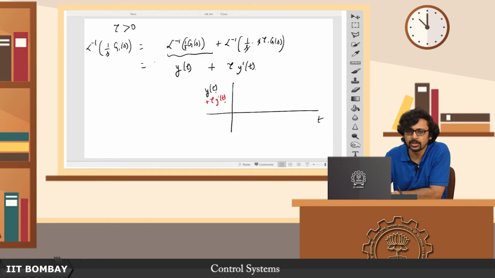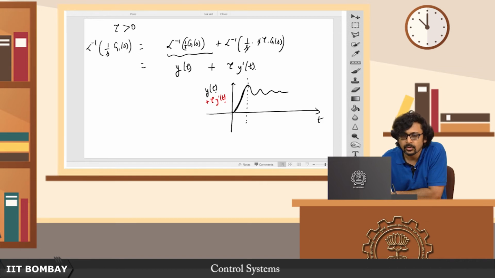So let me first draw the usual step response that we have seen so often now, that is y(t). Now what about the derivative? Notice that until the first peak is attained, the step response is only rising. So therefore we know that during this interval y dashed is positive.